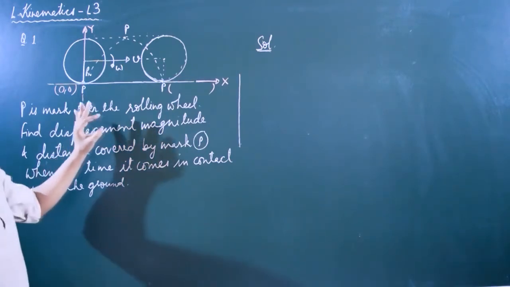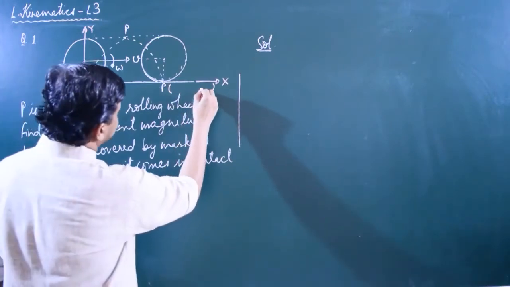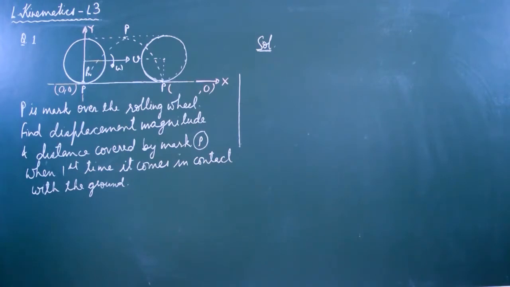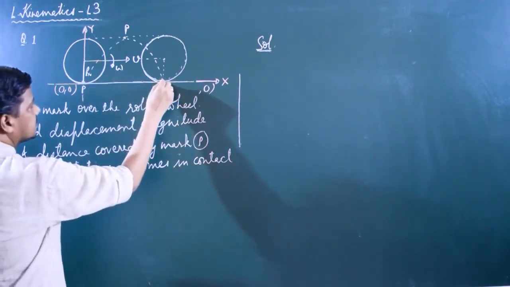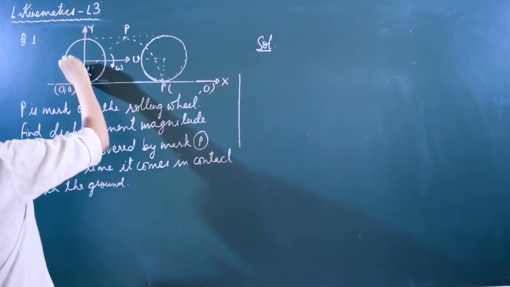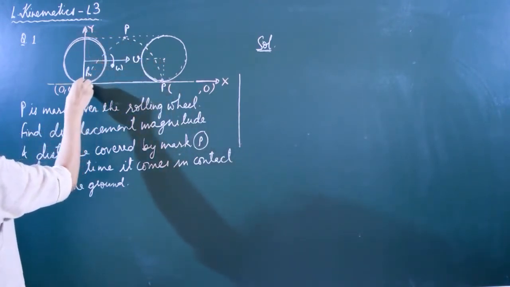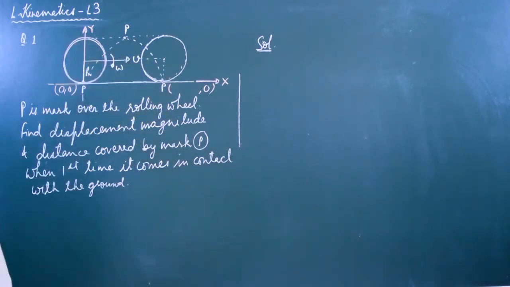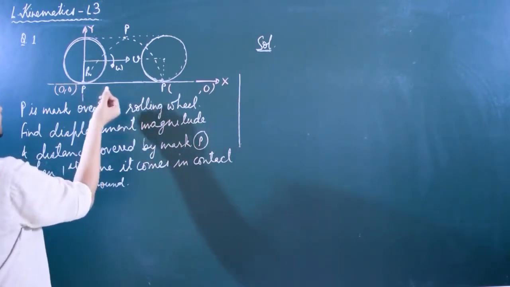Now see, in y coordinate the reading is 0. Now if you come to the x coordinate, this point P first time comes in contact with the ground after covering what distance? This distance. Okay, so what is the length of this part? It is the circumference of the circle, that is 2 pi r. So this distance you may consider a thread here.